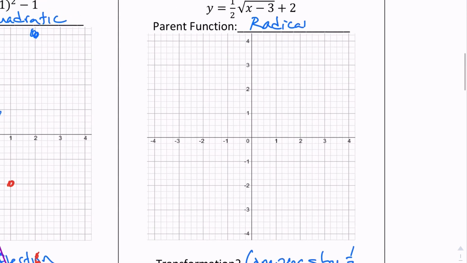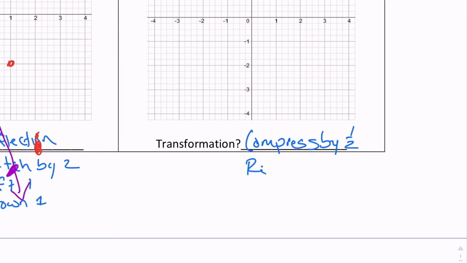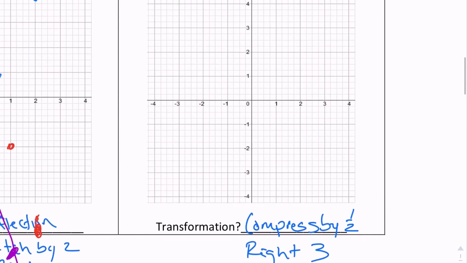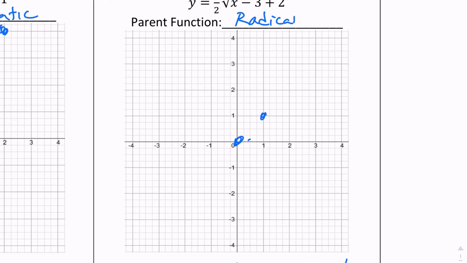So compress by 1/2. We're moving to the right 3 and up 2. Okay, so let's put those parent function dots on there. 0, 0, 1, 1, and 4, 2.